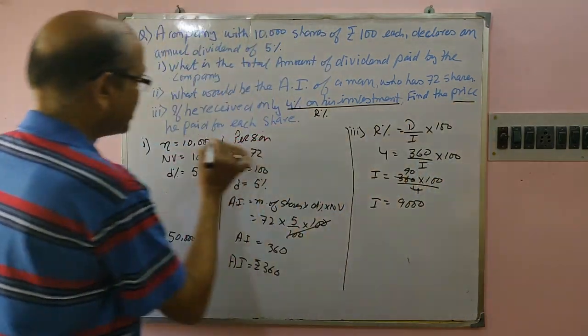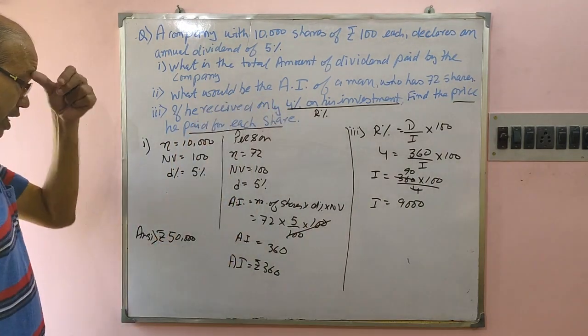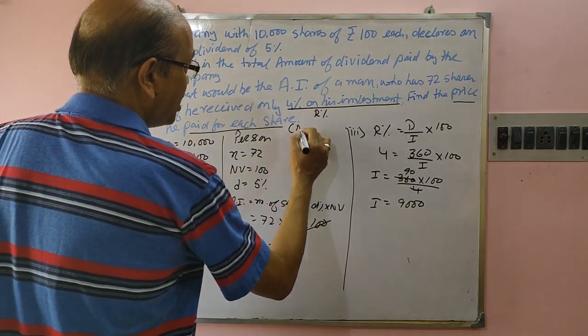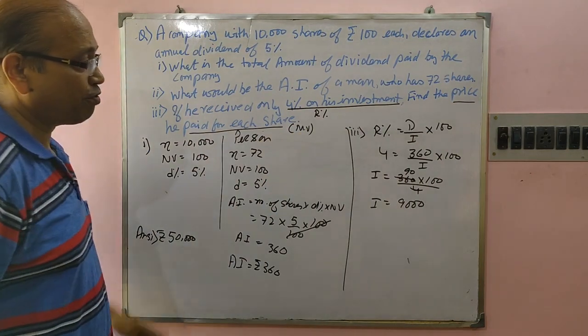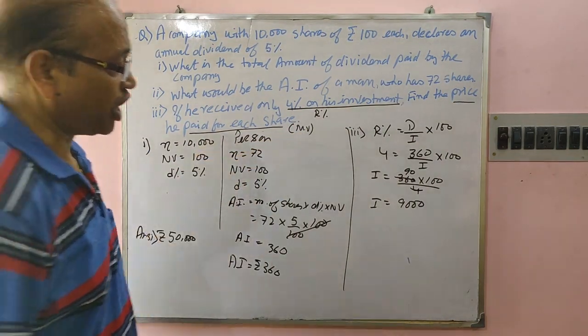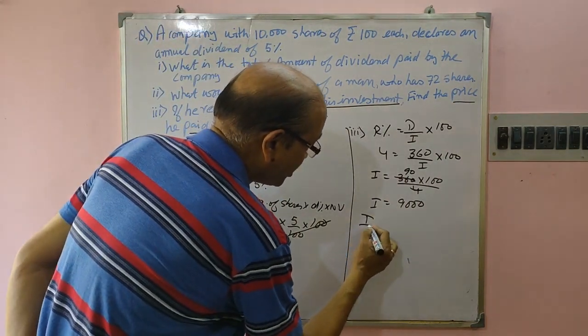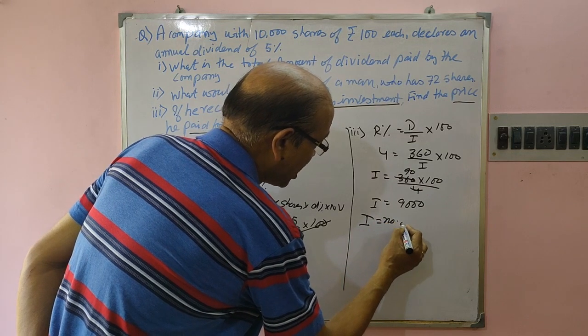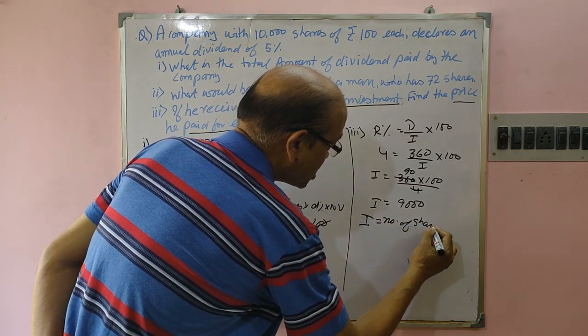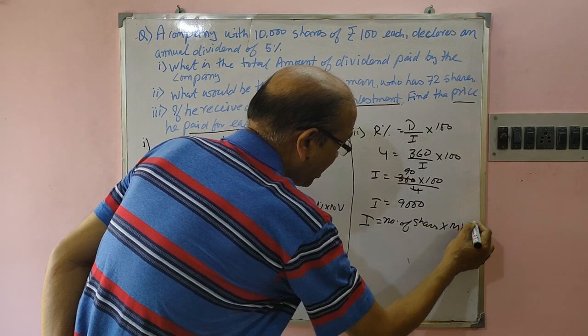Now what do we have to find? The price he paid for each share. That means we have to find the market value of each share. Now we know investment is equal to number of shares into market value.